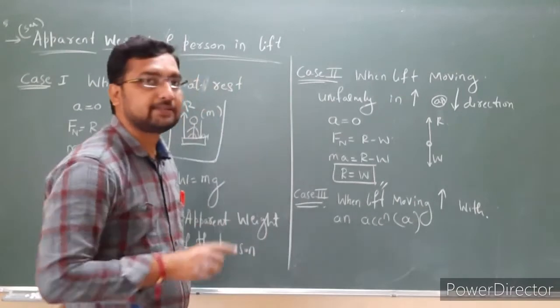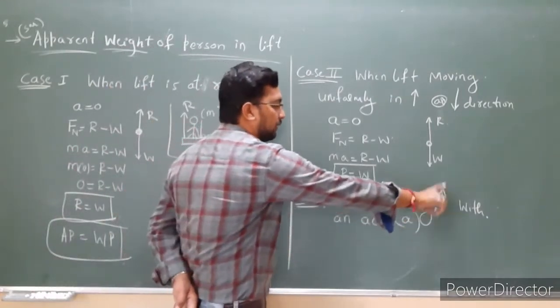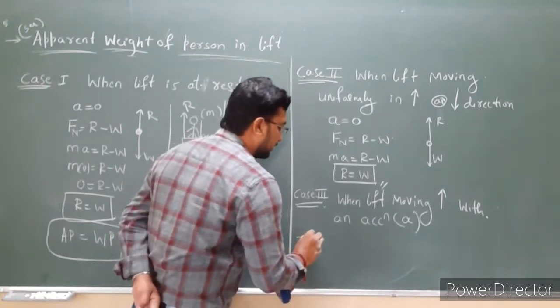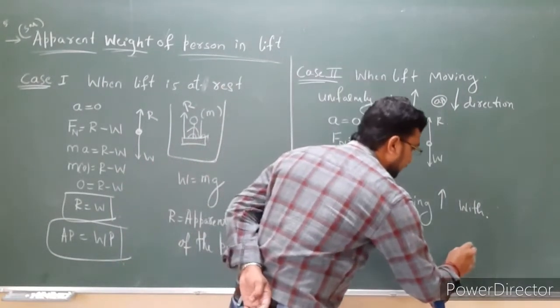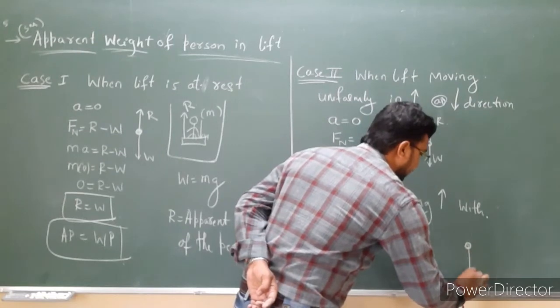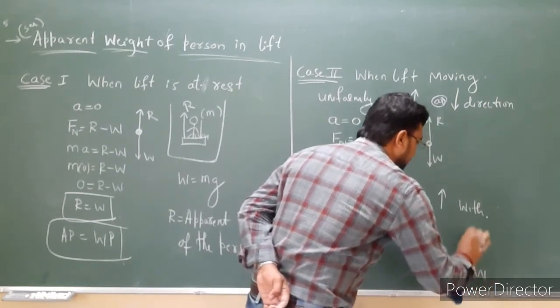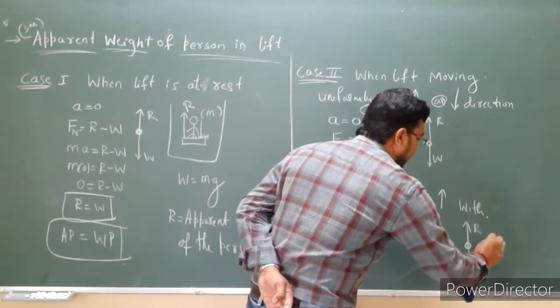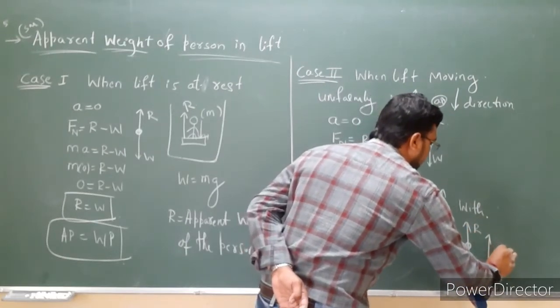So what is the third case here? When the lift is moving in the upward direction with an acceleration a. Okay, here first we have to draw the free body diagram. So this is the weight of the person acting in the downward direction, and this is the normal reaction, that is R. Here the direction of acceleration is in the upward direction.